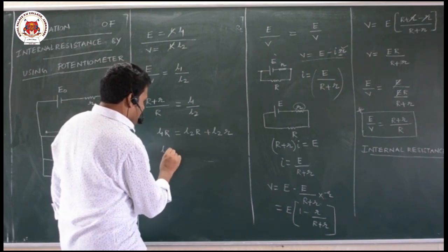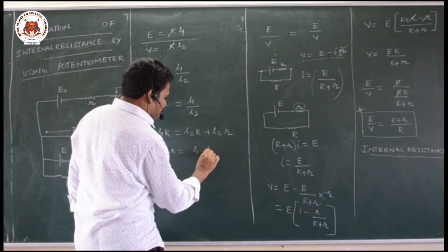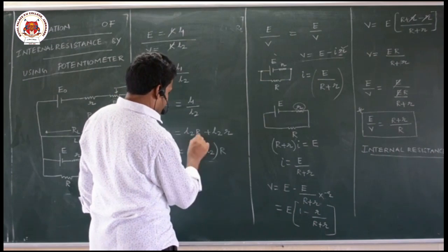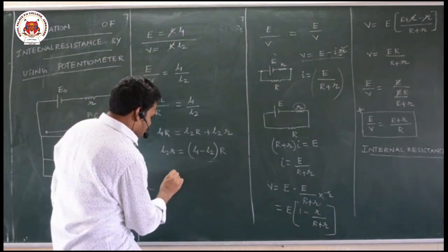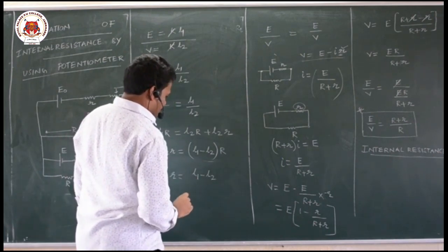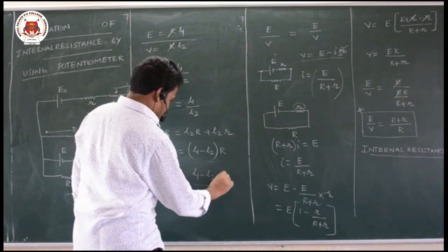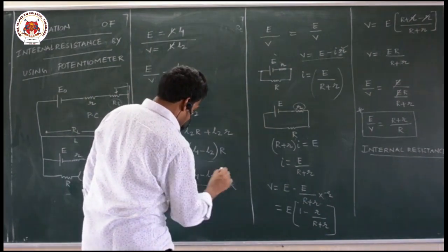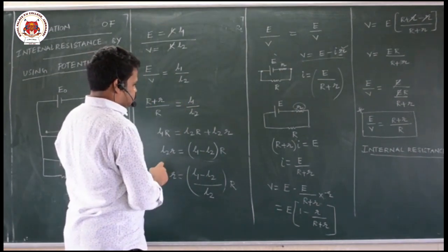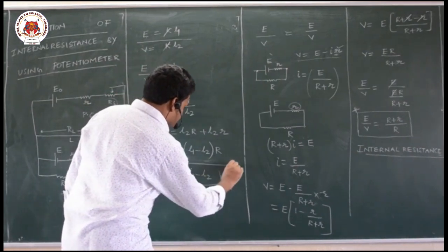L2 into small r is equal to (L1 minus L2) into capital R. This I am sending here. Now what you are going to get? Small r is equal to (L1 minus L2) by L2 into capital R. This is the value of internal resistance of the cell.